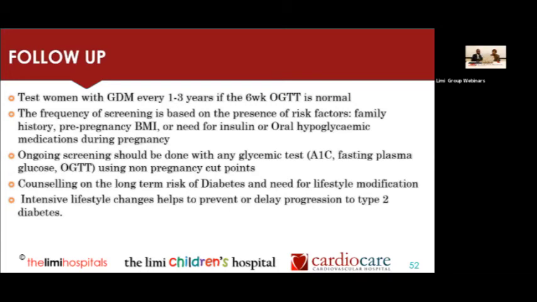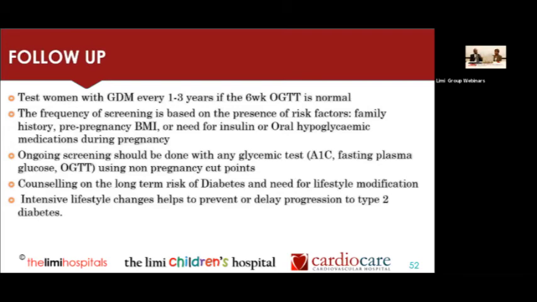Just the final things to mention will be that there's a long-term follow-up. Patients like that should be screened long-term. Some guidelines recommend checking every 1 to 3 years, but in our practice here we recommend that they check every year, especially if the 6-week OGTT is normal. If it's not normal, then we'll make a diagnosis of either overt diabetes mellitus, impaired glucose tolerance, or pre-diabetes.